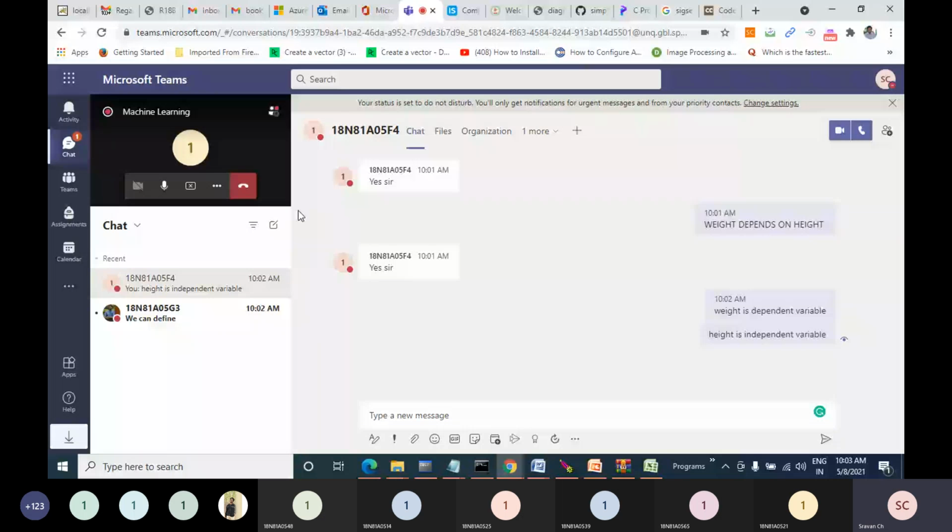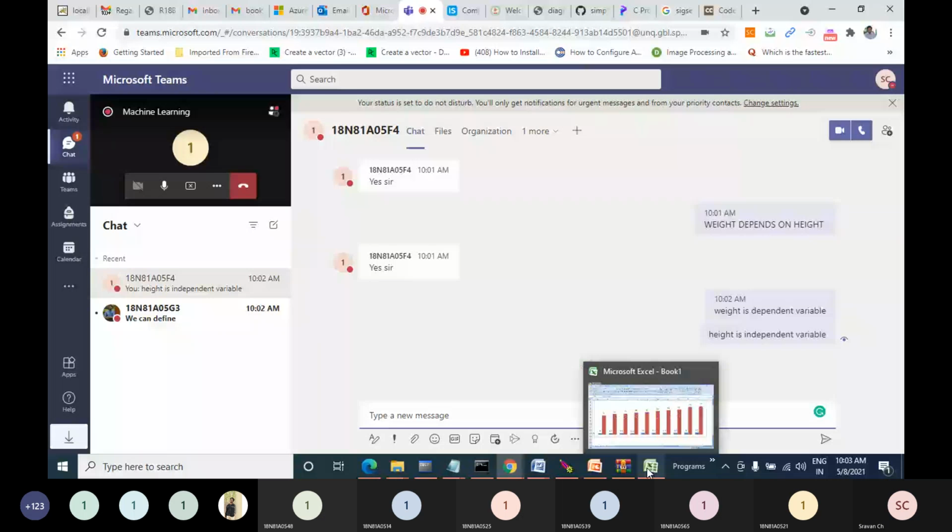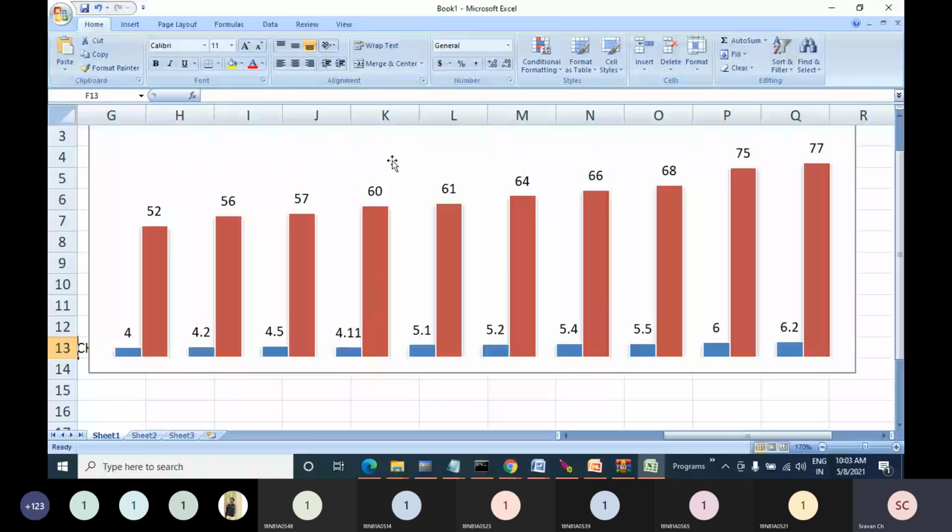Now, please look at this one. When height is 4, weight is 52. Okay, fine. Now, when I made height 4.2, how much variation was made in height and how much variation was noticed in weight, right?